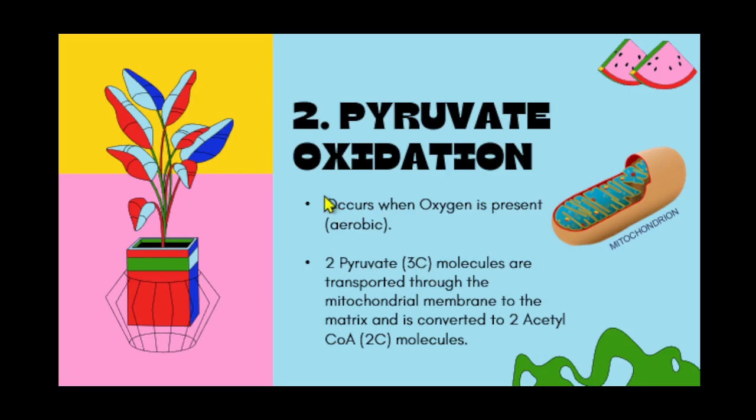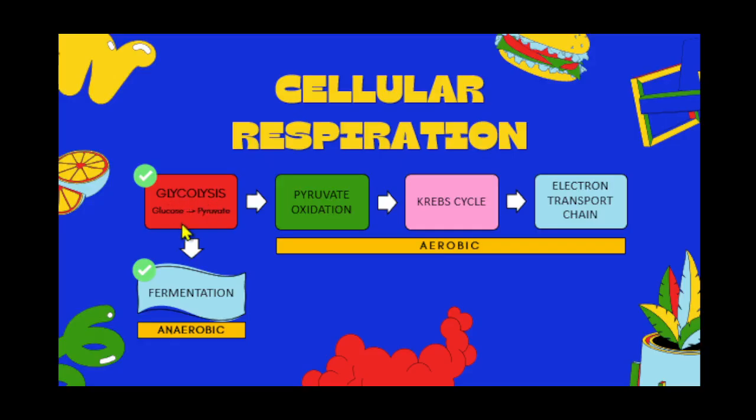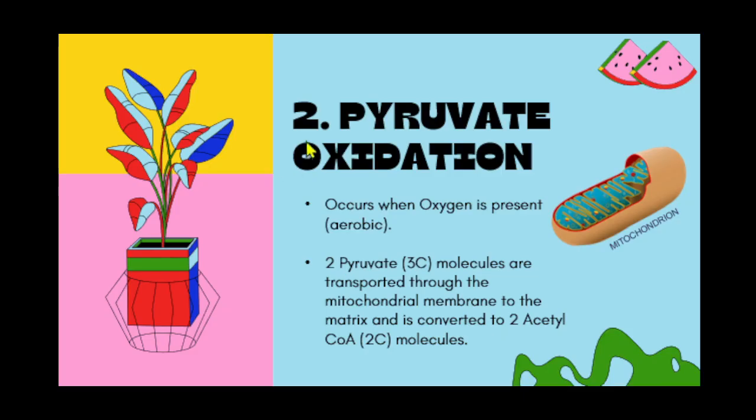After glycolysis, if oxygen is present, pyruvate oxidation takes place. So, it is aerobic. Here, the two molecules of pyruvate, which have three carbons, are transported through the mitochondrial membrane to the matrix, and converted into two acetyl-CoA molecules that have two carbons.